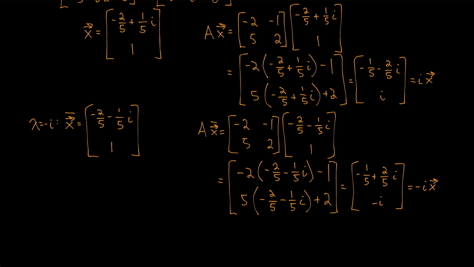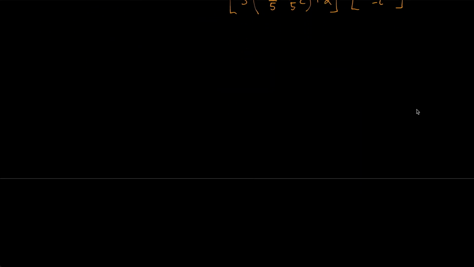Wonderful. Or minus i times x bar. So minus i is an eigenvalue with eigenvector x bar, as we would have liked to see. Excellent.